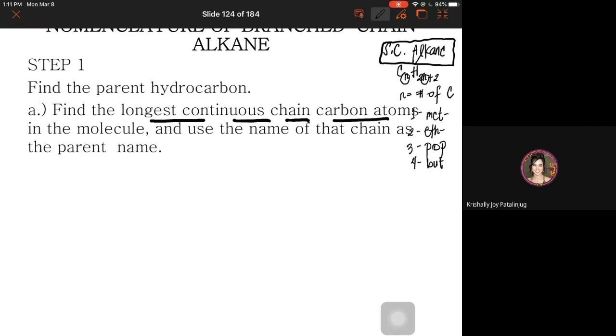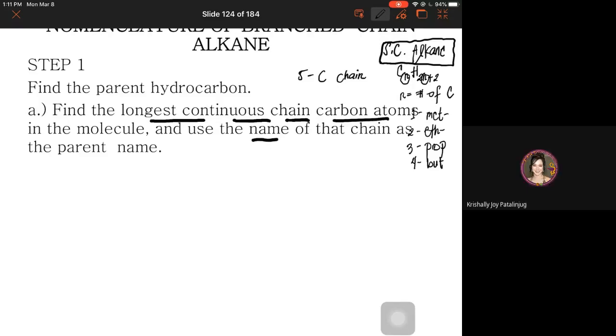After you find the longest continuous chain of carbon atoms, use the name of that chain as the parent name. Say for example, you counted the longest chain and it has a total of 5 carbons. What is the alkane name for a 5 carbon chain? Anyone? Pentane, ma'am.